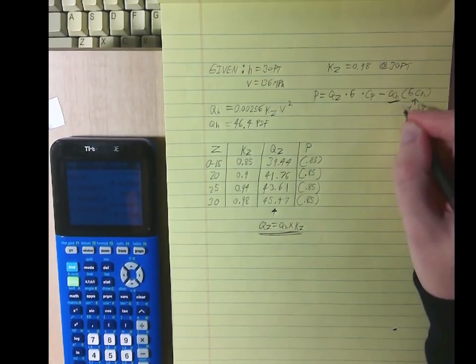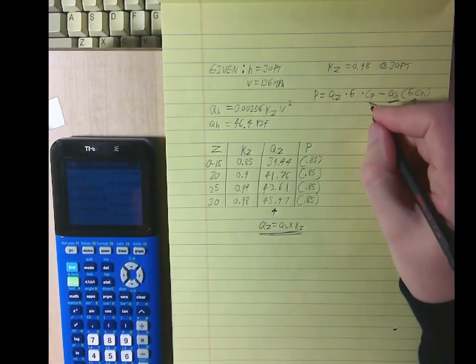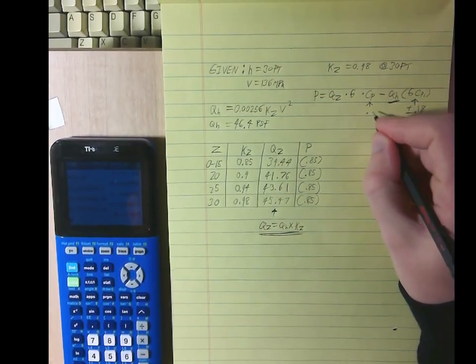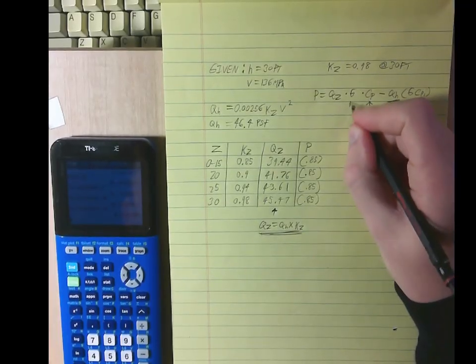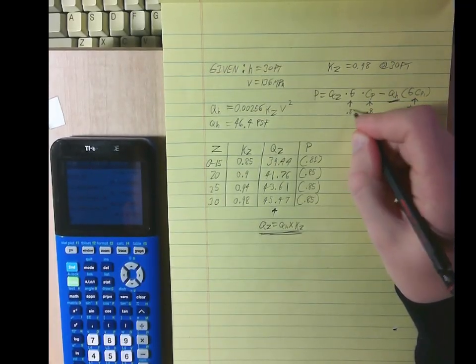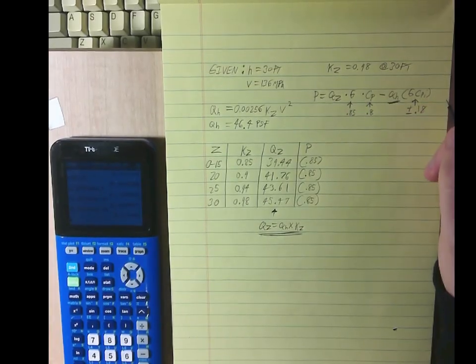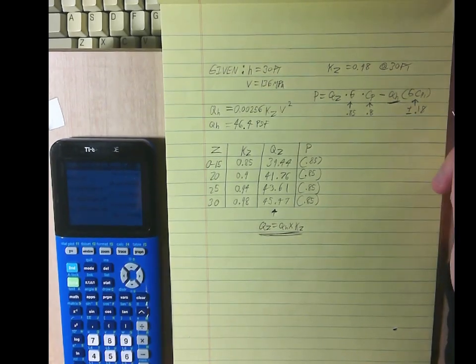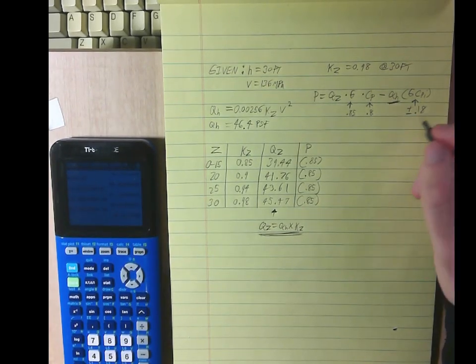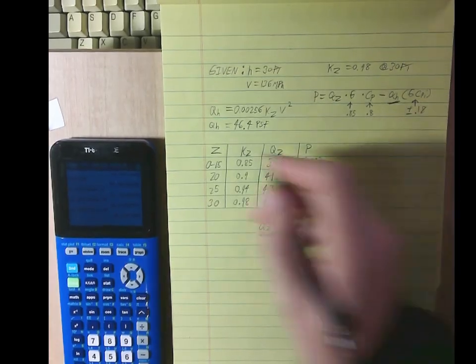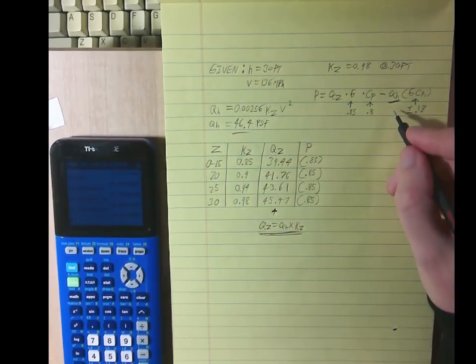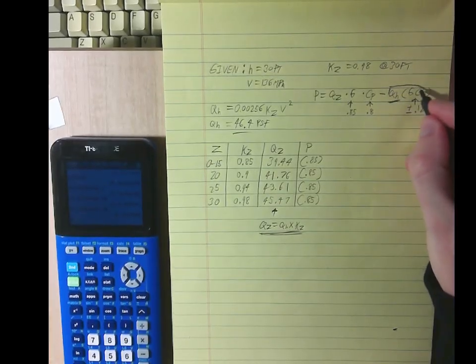We know this right here. This one's going to be 0.8. This one's going to be 0.85. And because we know that QH is this, we can just solve for this entire thing here.